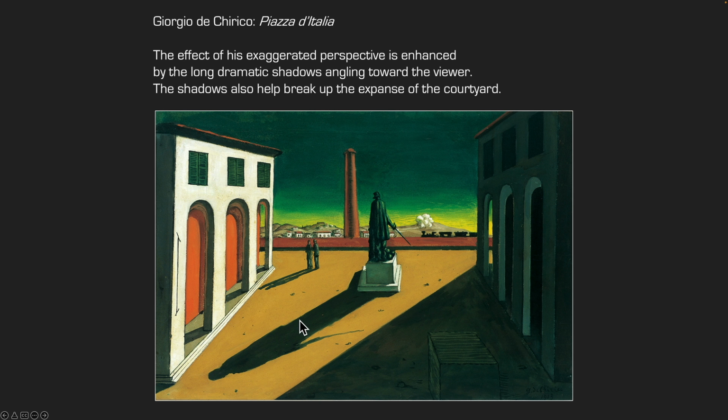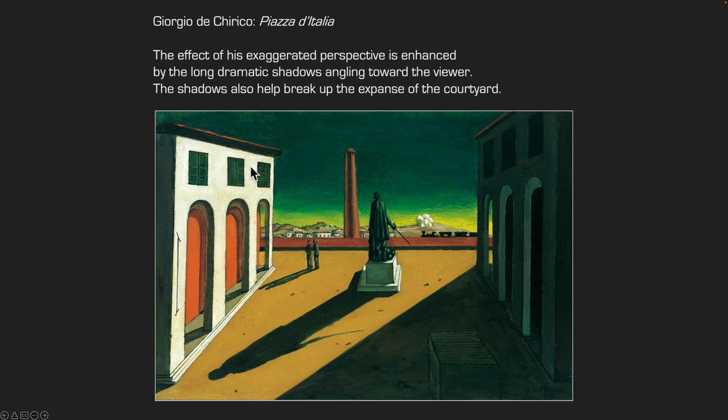Now, in Giorgio de Chirico's Piazza d'Italia, we've looked at him before when we looked at some other aspects of composition, and we know that de Chirico uses exaggerated perspective, but he's often on axis. He uses full height verticals to balance that out. But in this case, and in a number of cases, notice where his sun is.